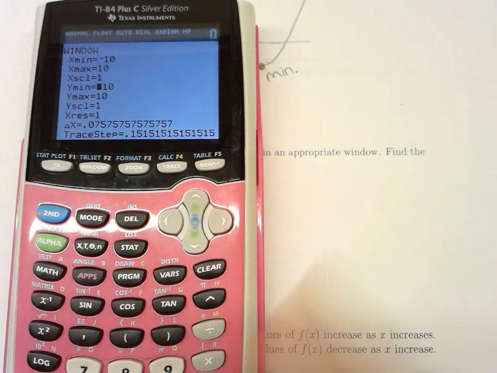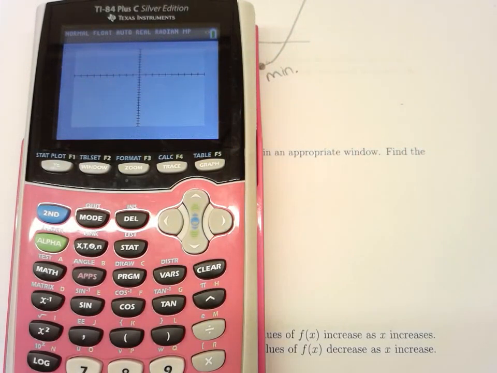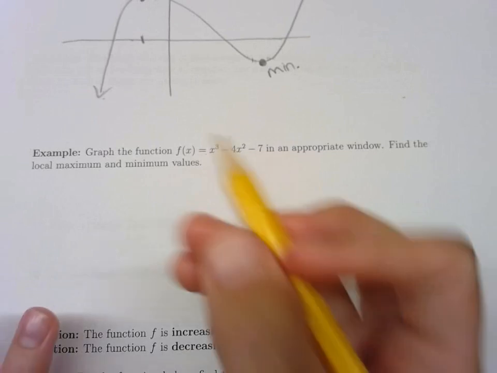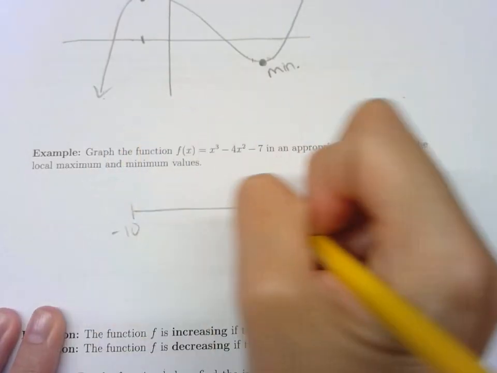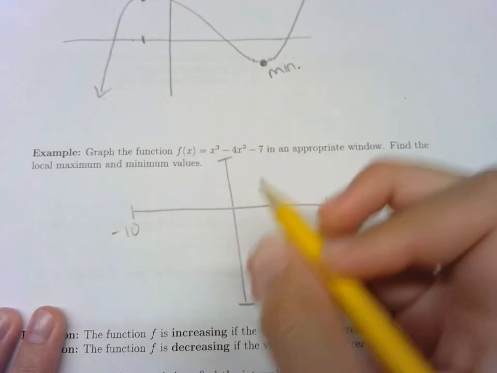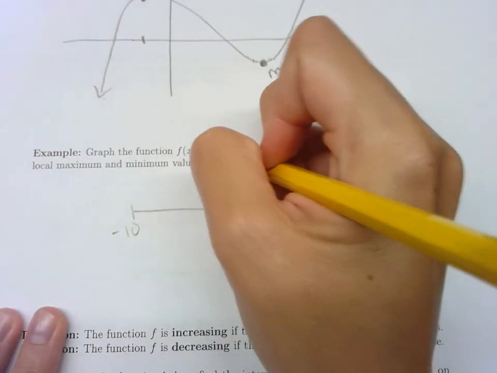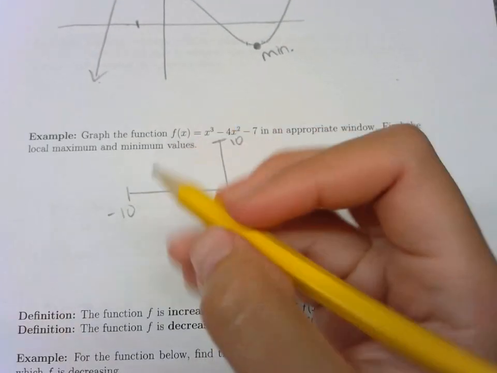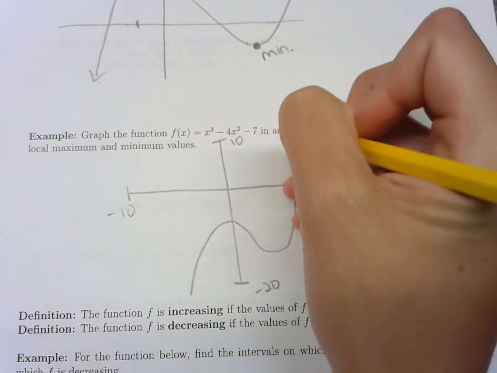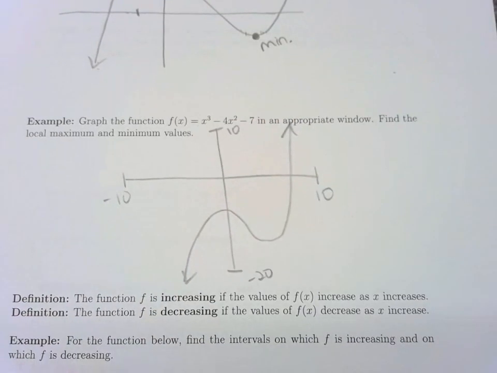So let's try y minimum at negative 20 and see if we get a good picture. That looks good enough. So our window, I'm just copying this picture, is negative 10 to 10, and for y, I chose negative 20 to 10. And the picture looks something like this. A little bit like that.